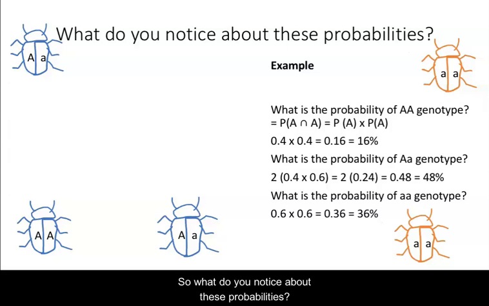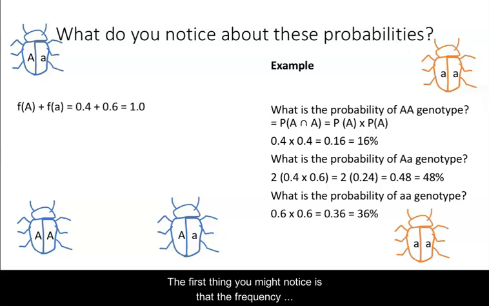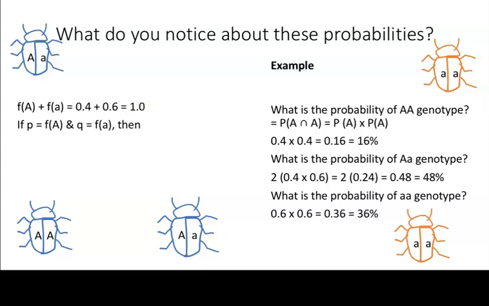So what do you notice about these probabilities? Well, the first thing you might notice is that the frequency, probability, of getting big A plus the frequency, probability, of little a is 0.4 plus 0.6, which equals 1. So if we substitute the letter P for the frequency of big A and the letter Q for the frequency of little a, then we can see that P plus Q equals 1.